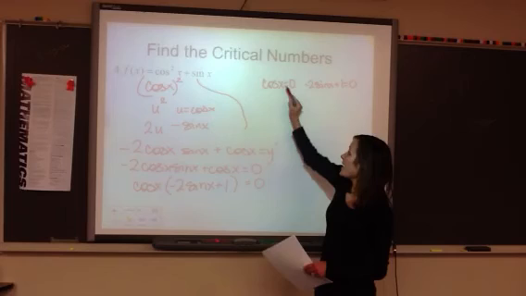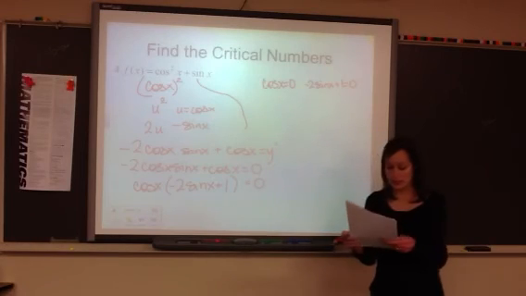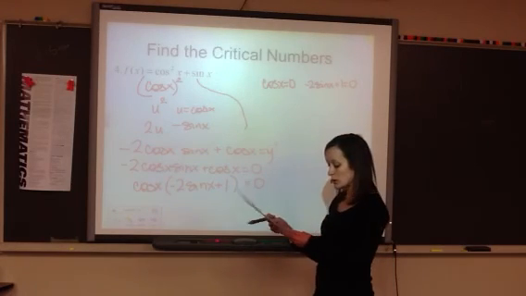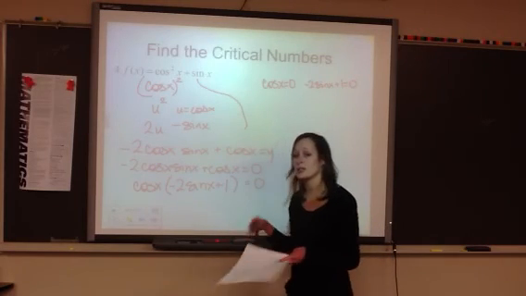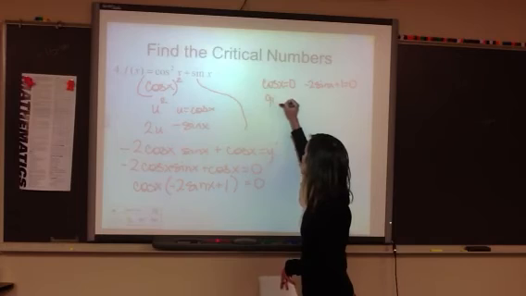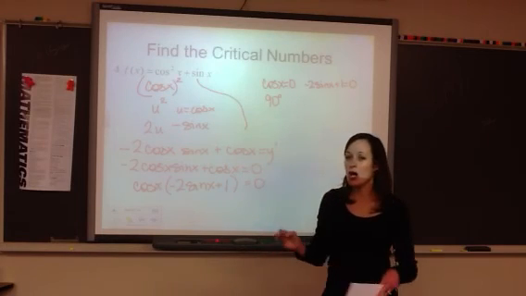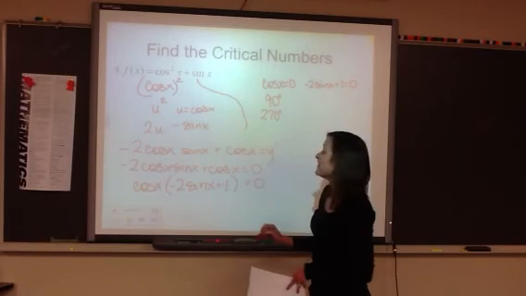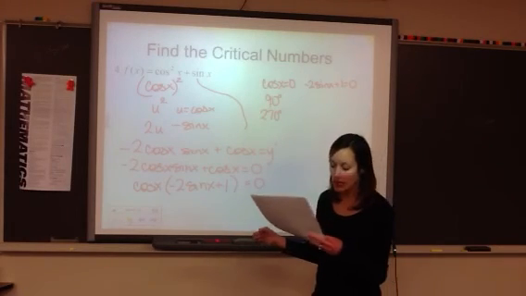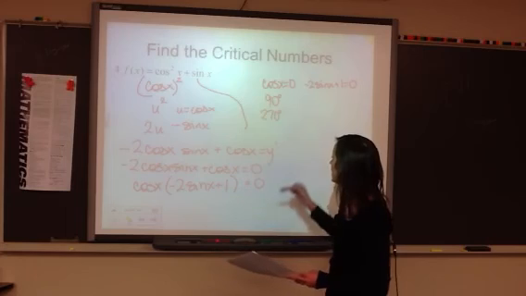So we need to know the angles where cosine is 0. The angles where cosine is 0 are a lot of places. You can type in inverse cosine on your calculator and it's going to give you 90 degrees. That is correct. But it also happens at 270 degrees. And then it also happens at, what's 270 plus 180?